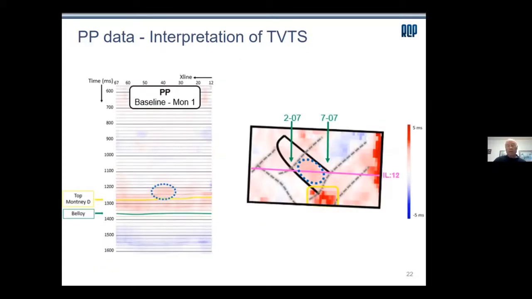So on the P wave data, if we were to do a slice through the reservoir interval or above, as we're doing right here, what we see are small changes, again, in that order of plus or minus 2 milliseconds. And in this case, one of the things we observed is that these changes are dominantly between the two wells.